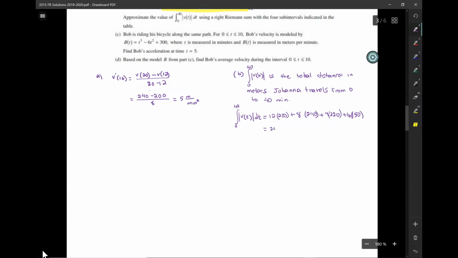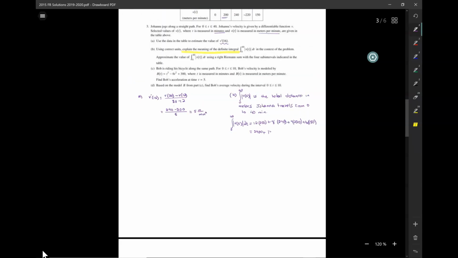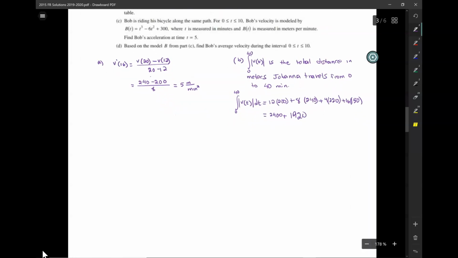So this is 2,400 plus 8 times 240. You have to do some mental math. 1920 plus 880 plus, now, this is 16 times 150. The way I would do it is 15 times 15, which is 225.